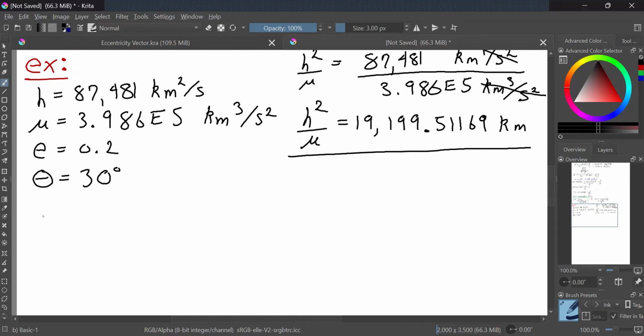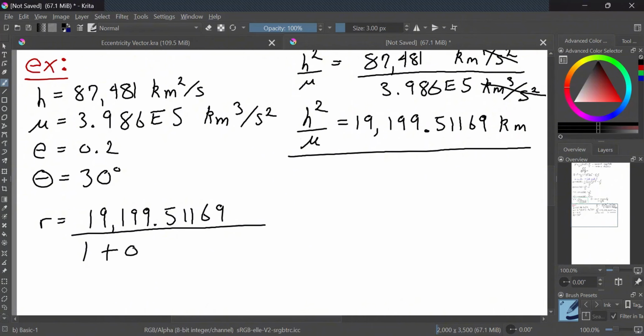So we have R equals 19,199.5169 over 1 plus 0.2 times the cosine of our true anomaly angle, which is not 20, but 30.